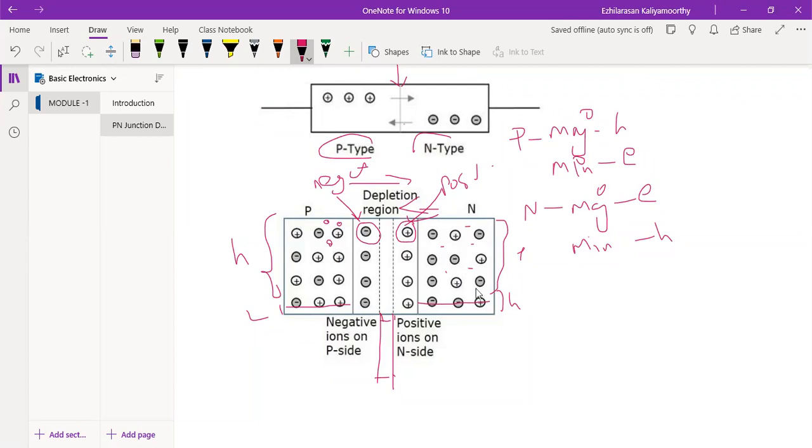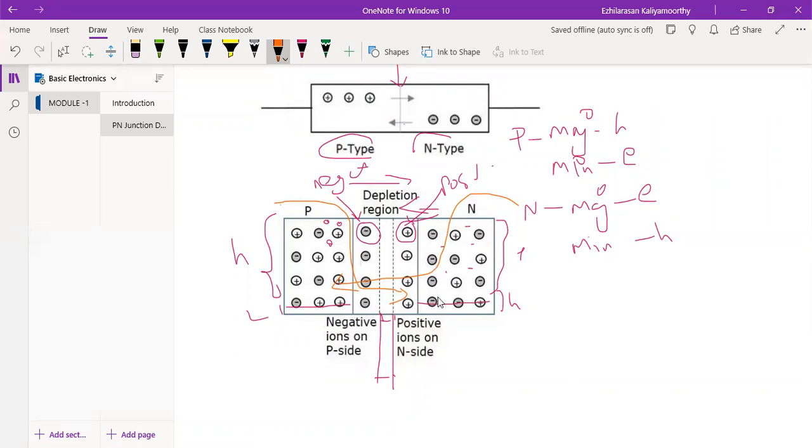In this region, the ions present here are stationary and maintain a region of space between them without any charge carrier. Higher concentration will move to the lower concentration and recombine over there. I have not applied any biasing, so just some diffusion process will happen.